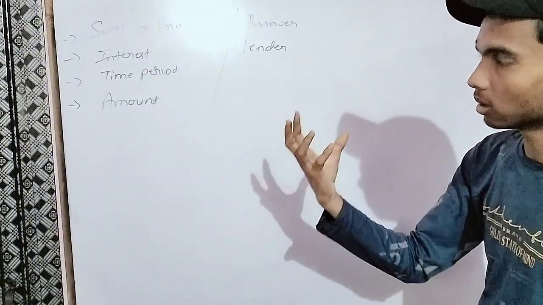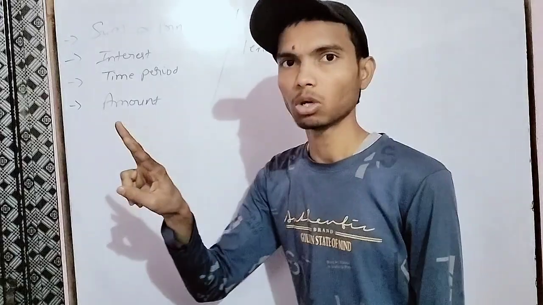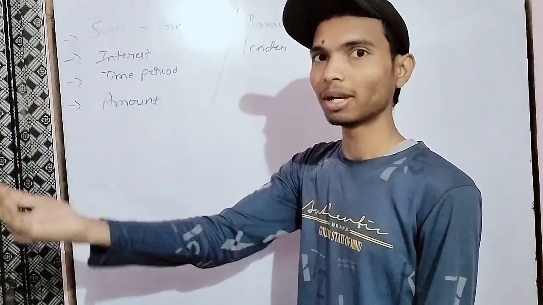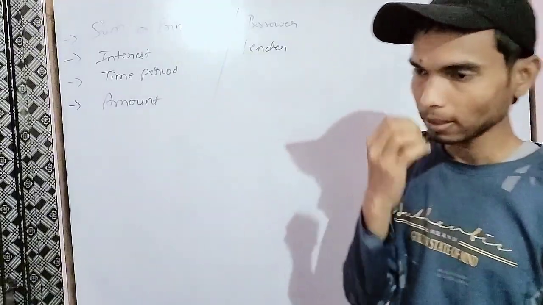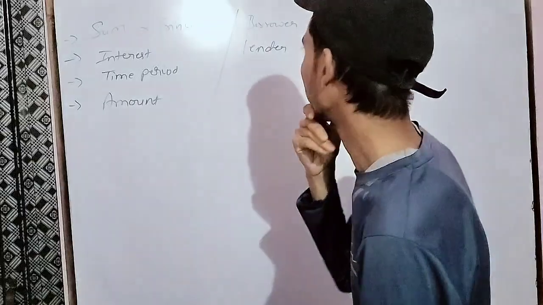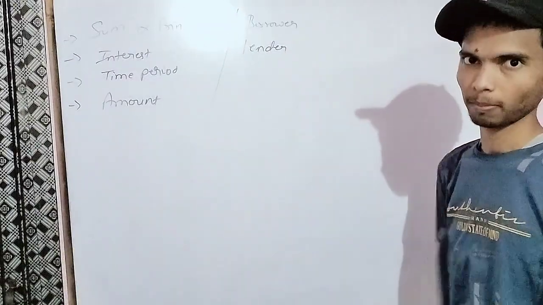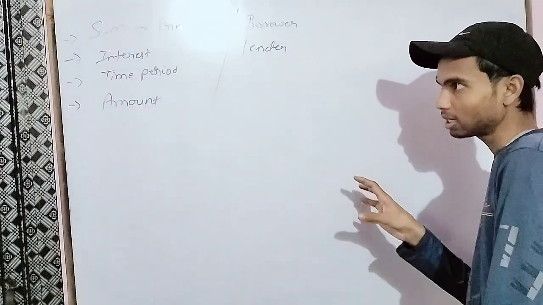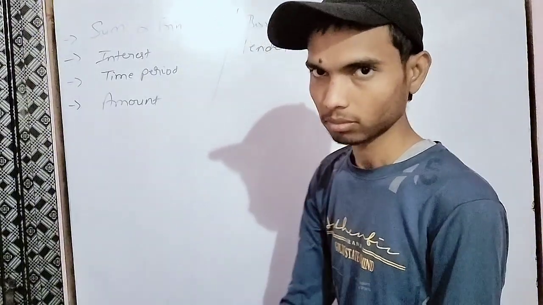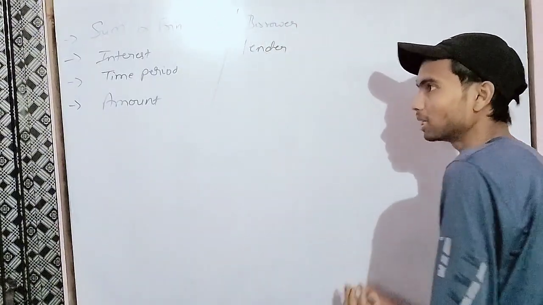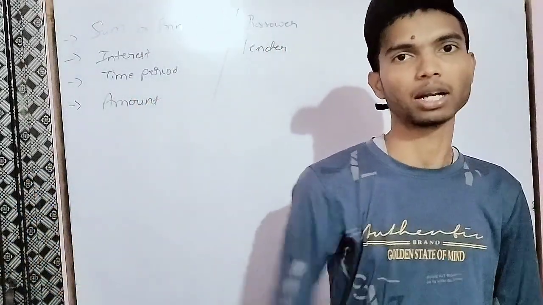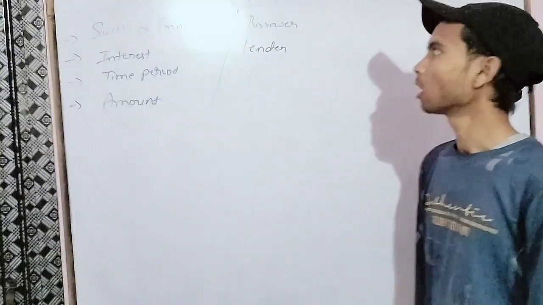This sum of interest and principal is the final amount which will be paid later. Money given with interest is the final amount, you can say.